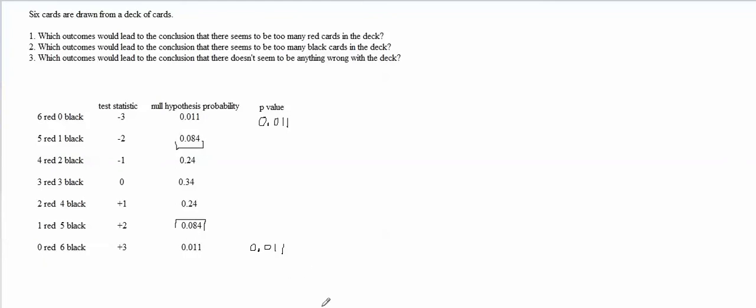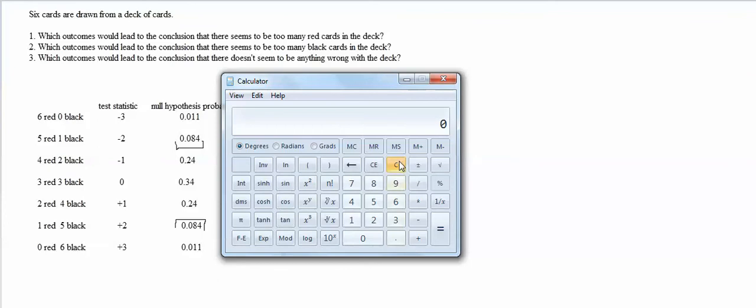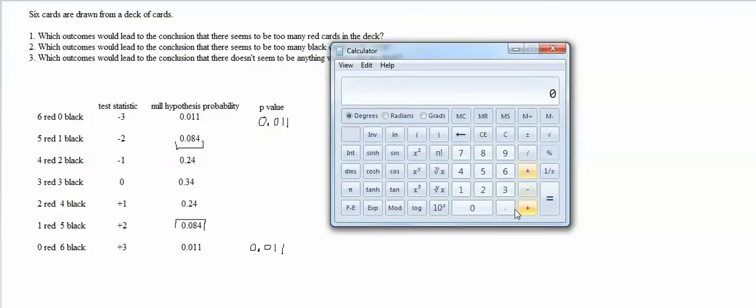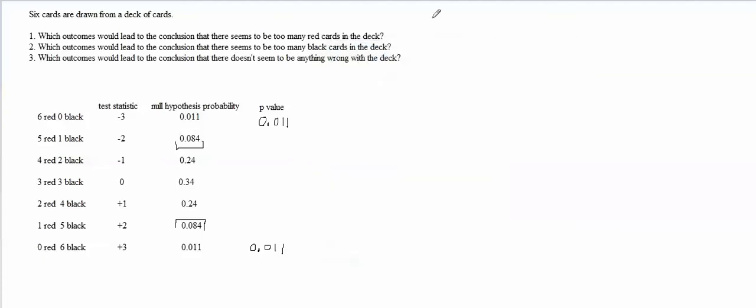Add all four of them and see what we get. 0.011 plus 0.084 plus 0.084 plus 0.011 equals 0.19.